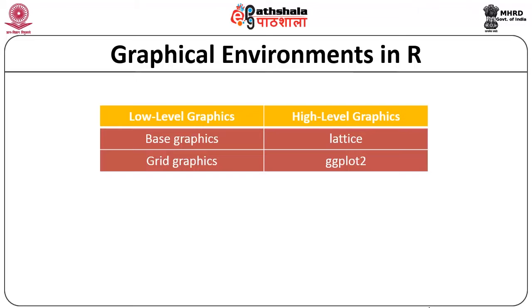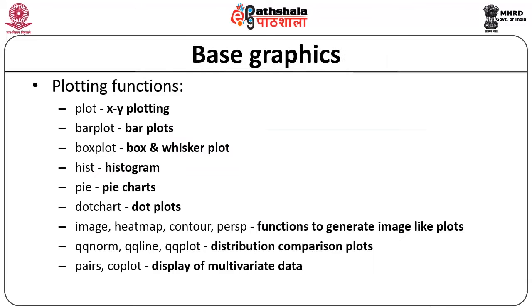The base graphics and grid graphics are aimed towards the fundamental ways by which we can visualize data and results of any analysis. Lattice and gplots are an advanced level of visualization associated with the same data analysis. Let us go step by step. We will first understand the base graphics and the support for base graphics in R.